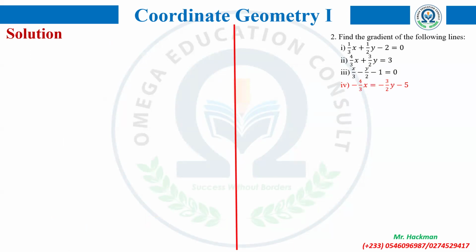So now, let's work example 2. I am given 1 over 3x plus 1 over 2y minus 2 is equal to 0. Obviously, since we are making y the subject, you have to clear the fractions.